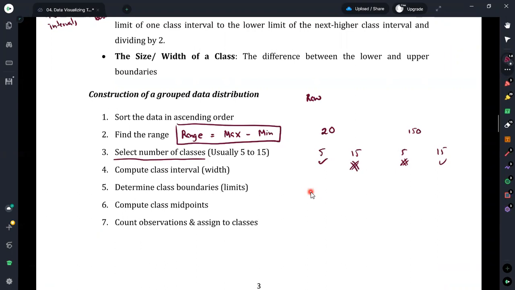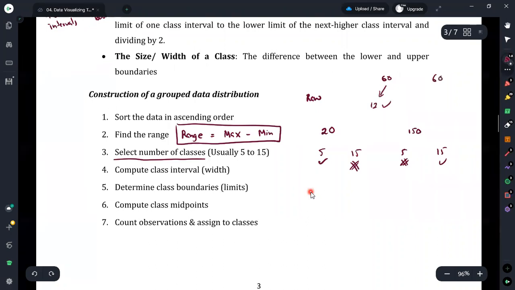We use these group frequency distributions to get an idea regarding the data set. The maximum we use is 15, but any value between 5 and 15 can be used. If you have 60, a person may say, I will divide this into 12 classes. If you have a large set of values, we can use 12.